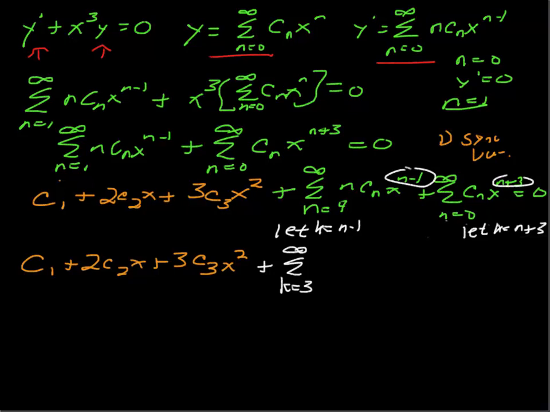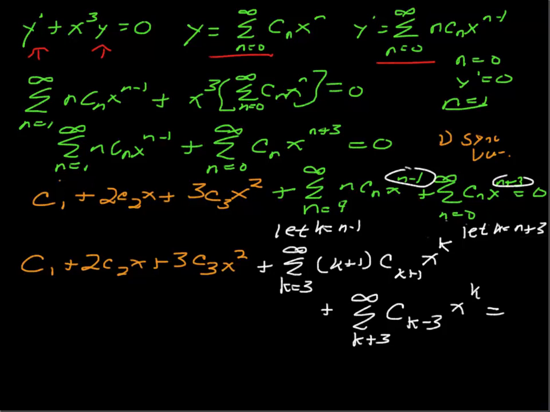If you add 1, then n is k plus 1, c sub k plus 1, x to the k, plus, and now we're going to do this one, sum n equals 0, so 0 plus 3 is 3, so this is k plus 3 to infinity of c sub n is k minus 3, so c sub k minus 3, x to the k, and this equals 0.